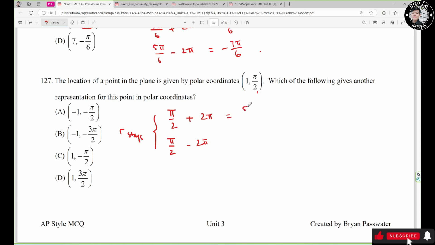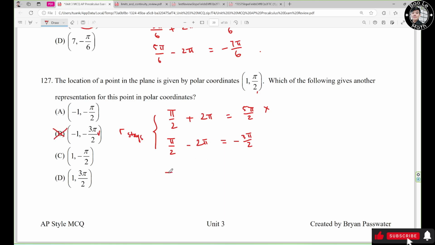It's going to be 5 pi over 2. I look at the answer choices and I don't see 5 pi over 2, so this case doesn't work. Now, this one becomes negative 3 pi over 2. I see negative 3 pi over 2 right here. But the radius stays, radius 1, so it's still 1, but here it's negative 1, so it's not the right answer.